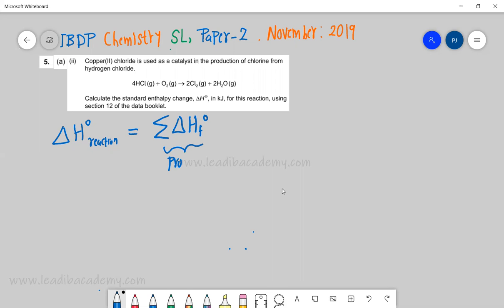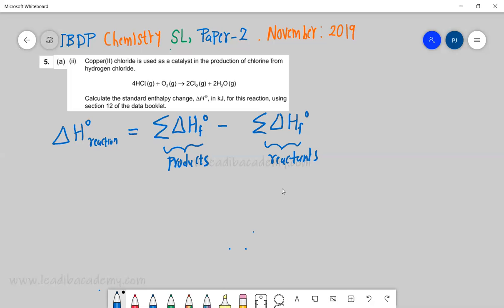You sum all this one for their formation minus summation of heat of formation for all the reactants. This is the formula for calculating the enthalpy change for the reaction, and this is a standard enthalpy.